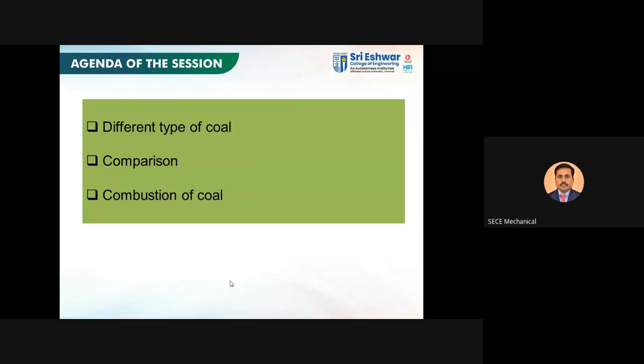So how it is different, what are the benefits of each, and what are the gases from coal during the conversion. These are the three agenda items of today's session: different types of coal, comparison, and combustion of coal.